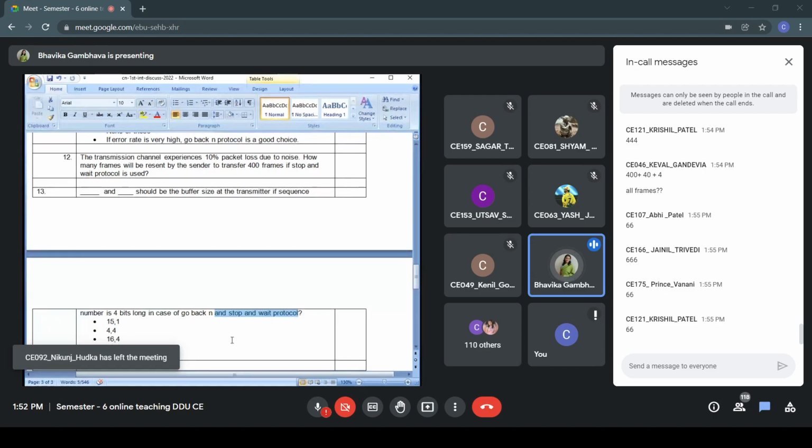Will any girl answer this? What should be the buffer size at the transmitter for Go-Back-N protocol and for stop and wait protocol, given that the sequence number is 4 bits long?